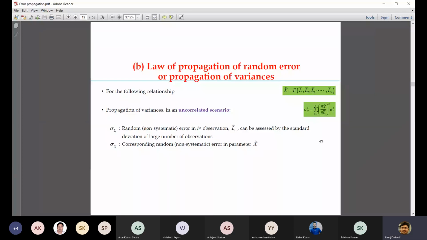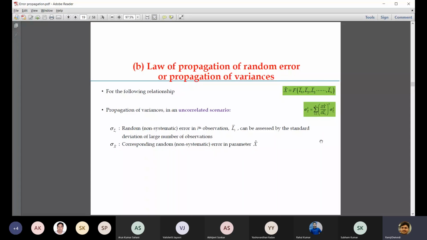So variances of two variables would take part, and the summation i is equal to 1 to n, so n would become 2 because there are only two variables, x1 and x2, followed by partial derivative of z with respect to x1 whole square multiplied by sigma x1 square, plus partial derivative of z with respect to x2 whole square multiplied by sigma x2 square.